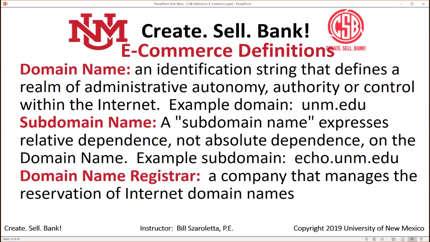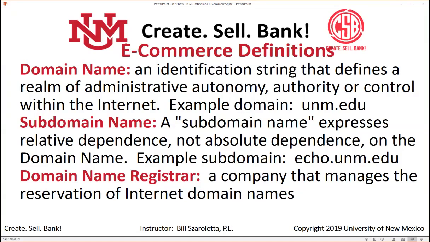Subdomain name expresses the relative dependence, but not the absolute dependence, on the domain name. So an example subdomain is echo.unm.edu. Note that the echo is in front of the domain name. And a domain name registrar is a company that manages the reservation of internet domain names.